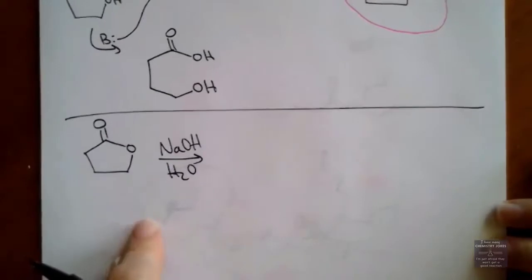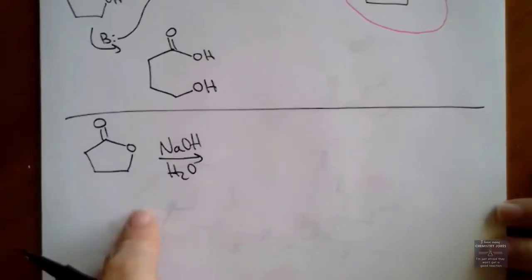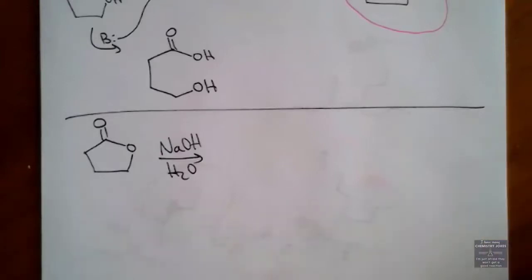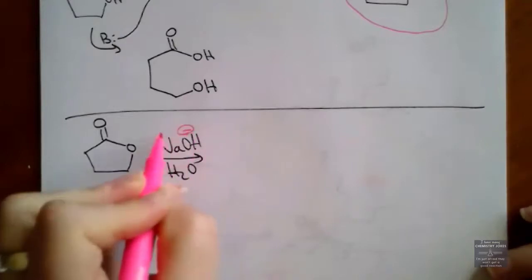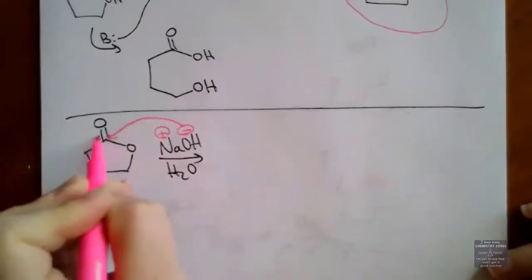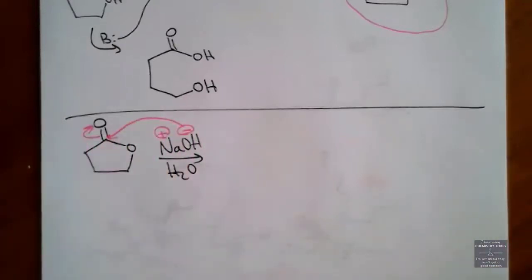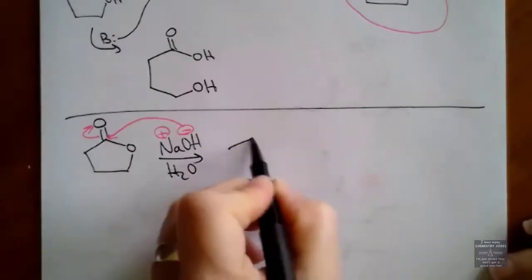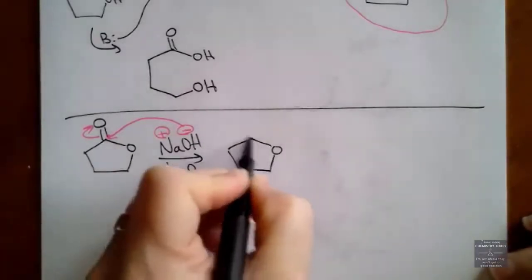Not acid catalyzed. Do not protonate the carbonyl oxygen first. Do not pass go. Do not collect $200. Base catalyzed. Attack the carbonyl carbon straight out of the gate. Attack the carbonyl carbon, like so.